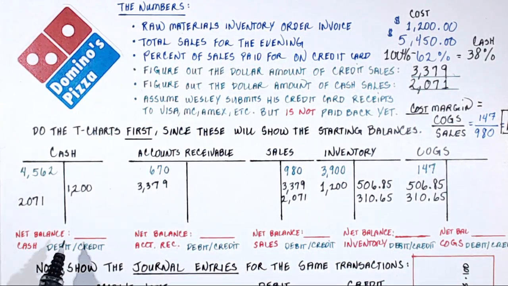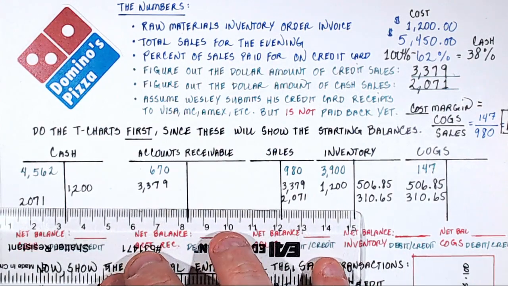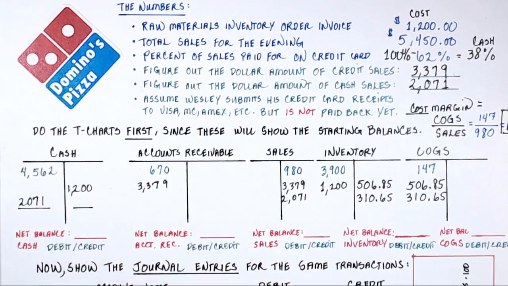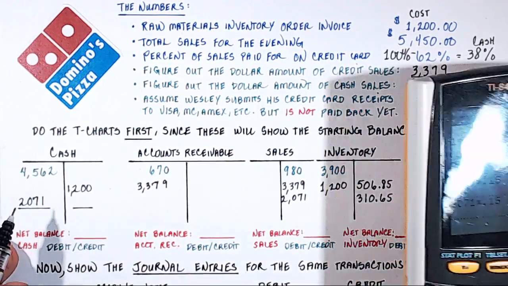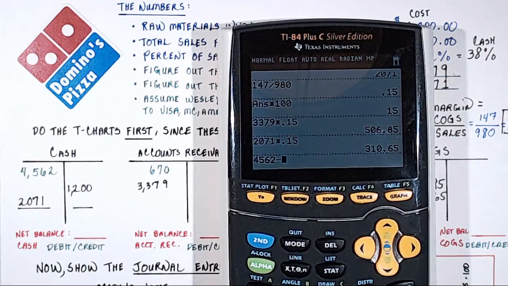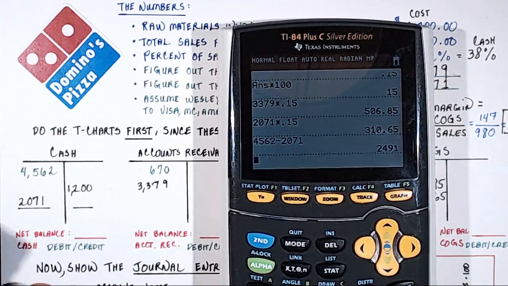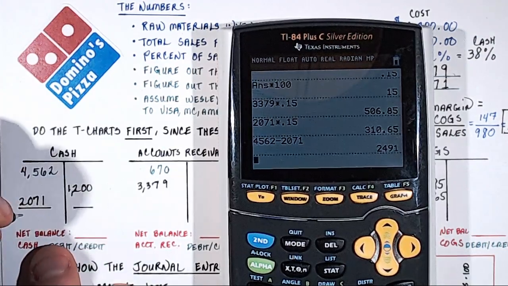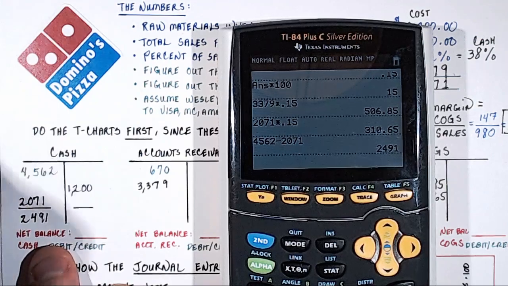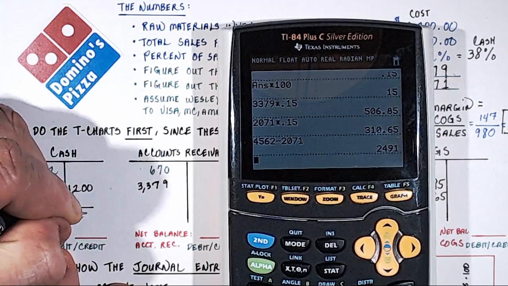So it wants us to know the net balance. We've got to find the balance in each of the columns. That's the next step. For cash, I need to subtract 2071 from 4562, which gives me a debit balance in cash of 2491 and a credit balance of 1200.